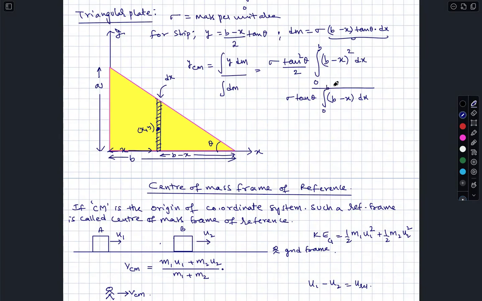So by deriving which, you will get b by 3 for this. YCM, very simple.